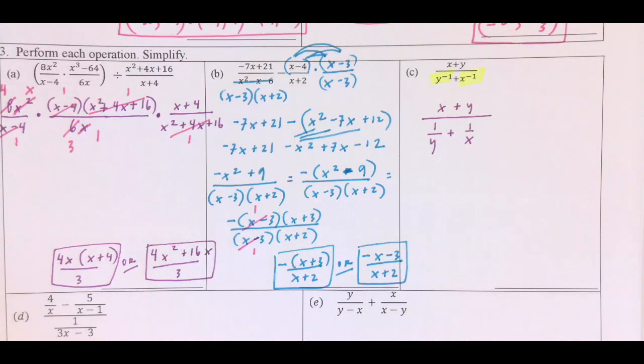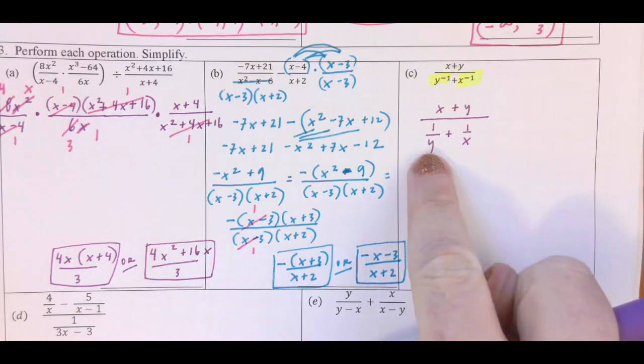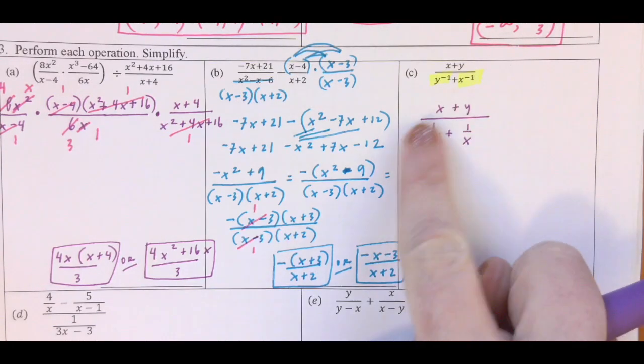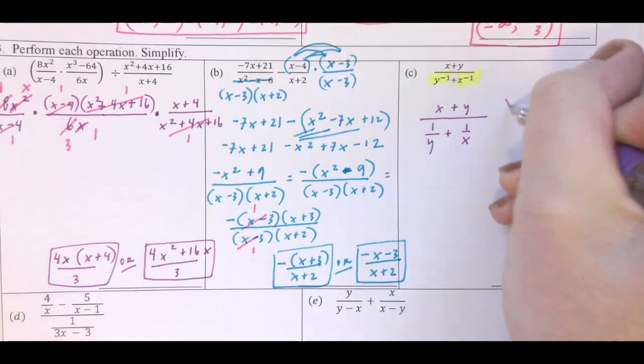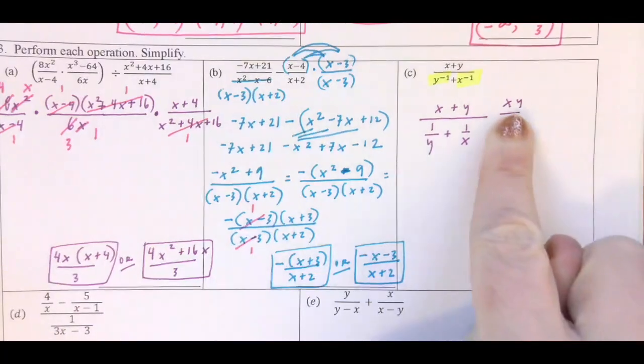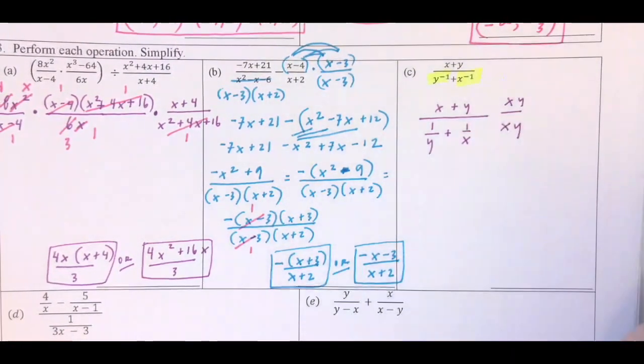So now I can see that my common denominator, my LCM, would be x times y, right? Because here's the fractions I have. The only thing I see are x and y. So if I want to clear my fractions, I'm going to multiply by xy over xy. Now, on top, if I distribute that out, I'm really just going to have to factor it later.